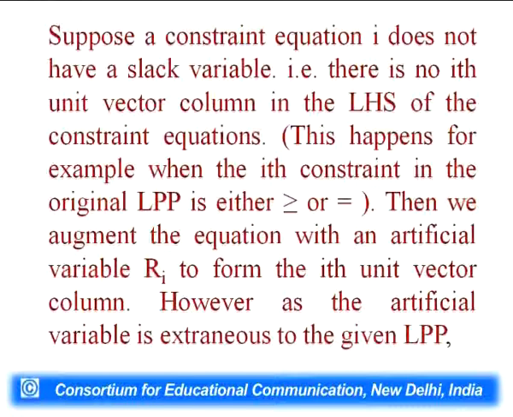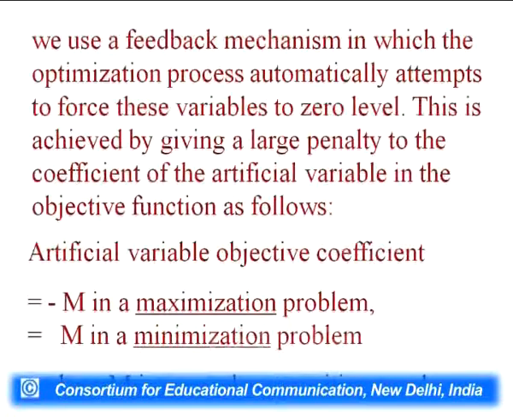However, as the artificial variable is extraneous to the given LPP, we use a feedback mechanism in which the optimization process automatically attempts to force these variables to zero level. This is achieved by giving a large penalty to the coefficient of the artificial variable in the objective function as follows. Now, we will follow the procedure.